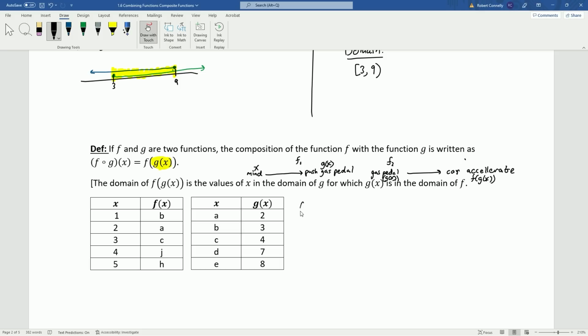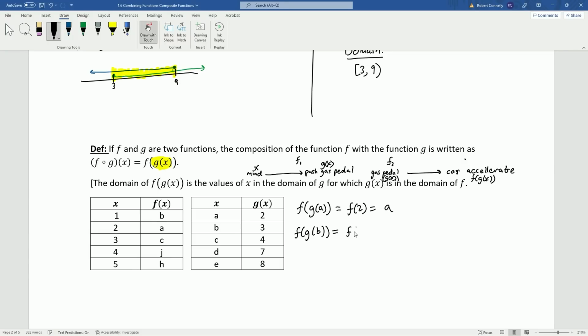So let's start with f of g of a. All right, so this is my table that describes my g function. So g of a gives me the output 2, so this is f of 2. And f of 2 gives me a, if I look at the table for f. Okay, that's nice. Now let's look at f of g of b.